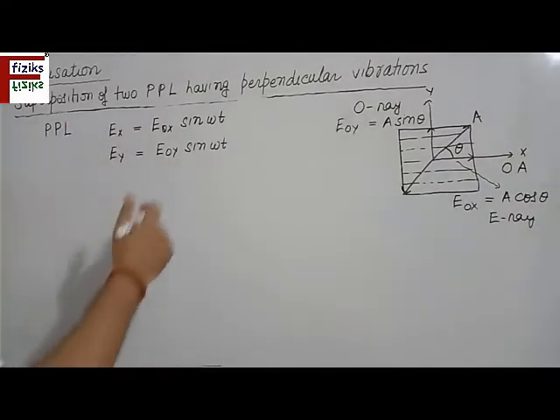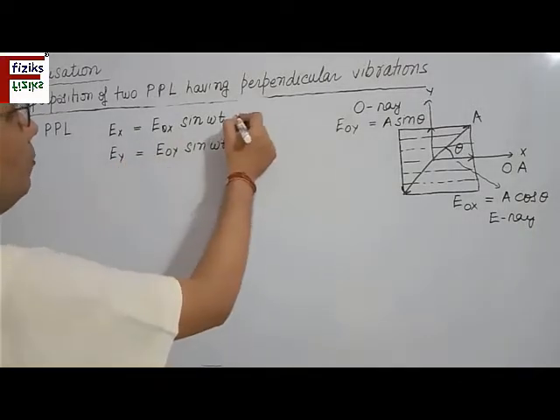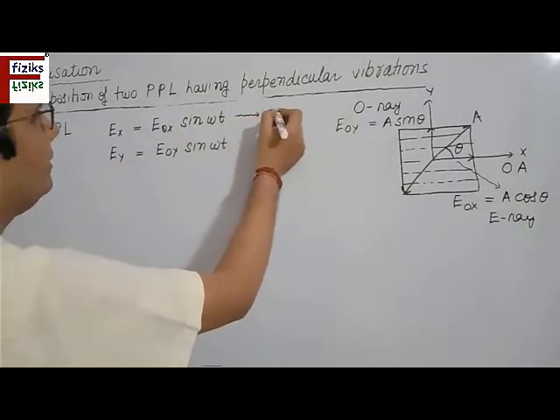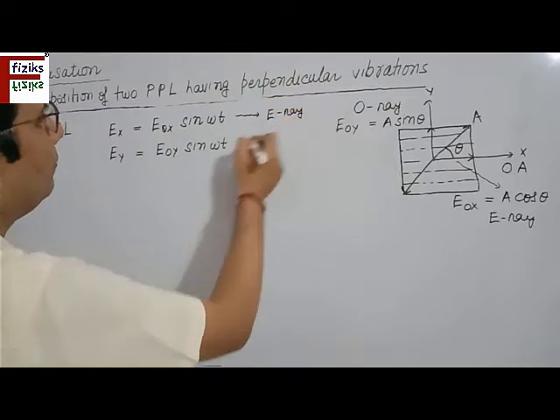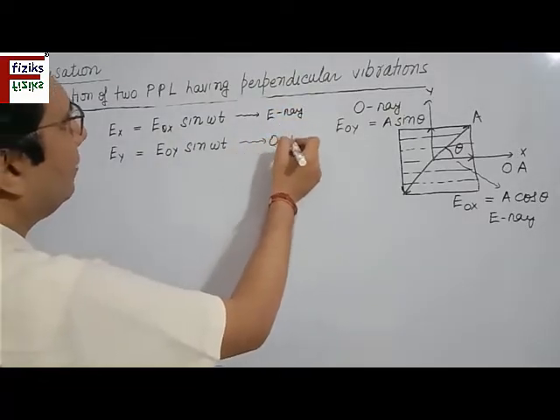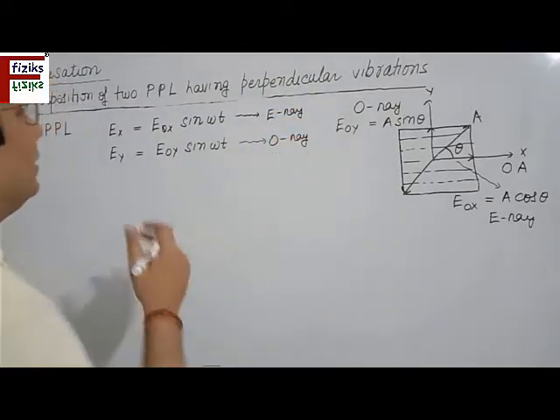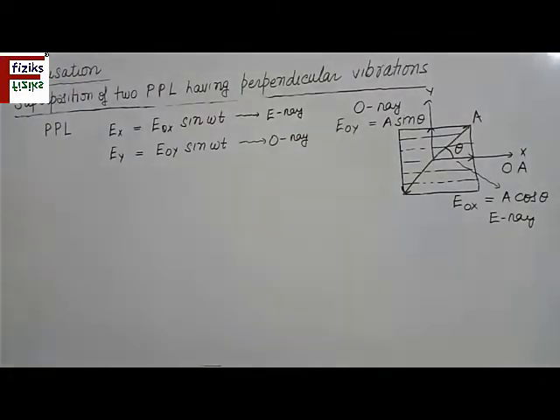When this emerges out, this component will start acting as E ray, this component will act as O ray, and they will travel as E ray and O ray inside the doubly refracting crystal.